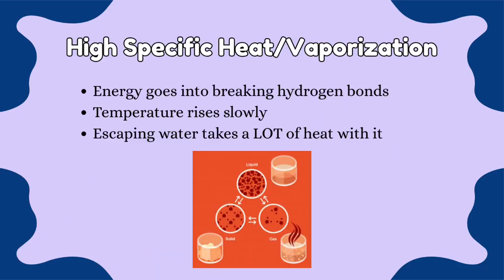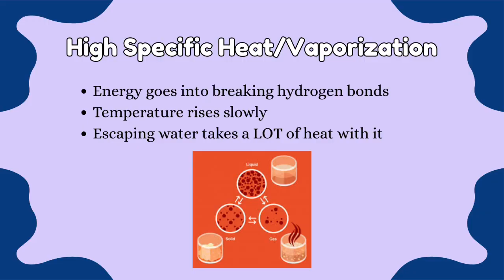So let's talk about high specific heat, or high heat of vaporization. So when you have the hydrogen bonds, or the network of hydrogen bonds as shown before, there needs to be a lot of energy or a lot of heat that goes into it to break these apart, right?